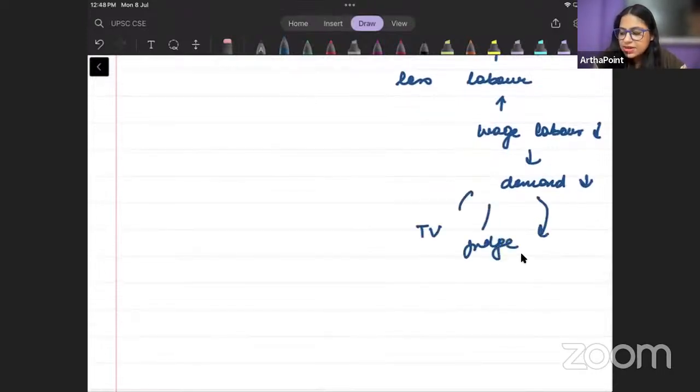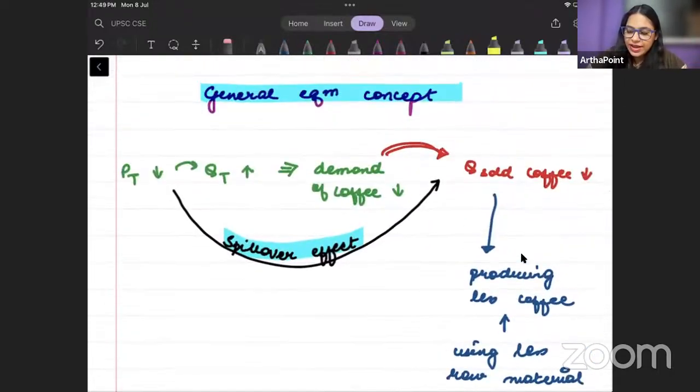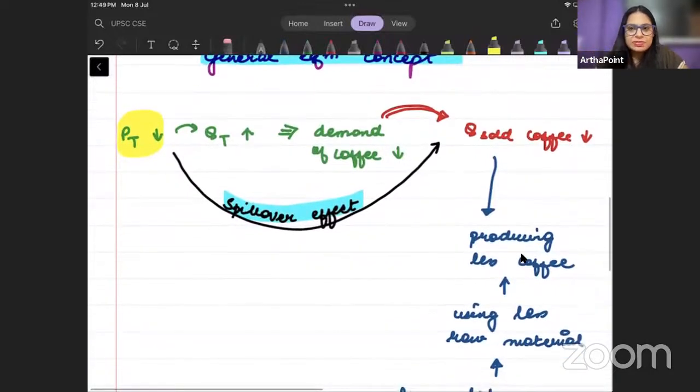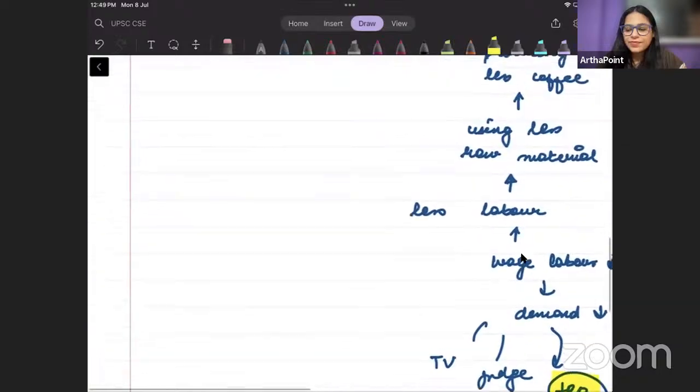But among these multiple things, there will be one thing which will be tea. So this labor will be demanding less tea also. Clear? So what happened is that when the price of tea decreased, ultimately through multiple steps, ding, ding, ding, ding, ding, ultimately the demand of tea also lowered.